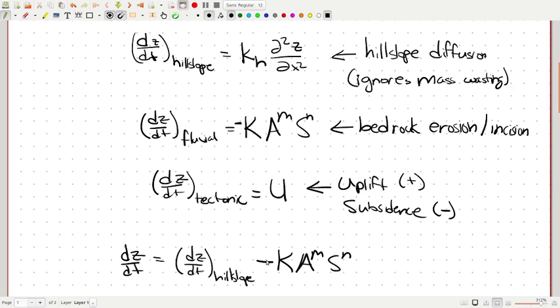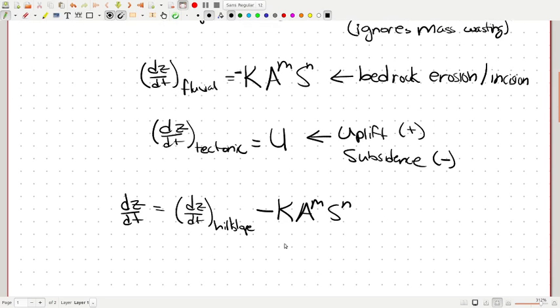This minus sign relates to the fact that we're removing material when we're incising. If we had the slope as something that would have a negative sign if we're going down slope, and n were 1, then we could just use a plus and use slope in that place. However, it's easier right now to just treat this as a minus sign and allow slope to be the absolute value of the steepest down slope direction. Then we're going to add in uplift, because if there's uplift, the whole landscape becomes higher. And of course, that uplift can be a function of space, as can any of these other values.